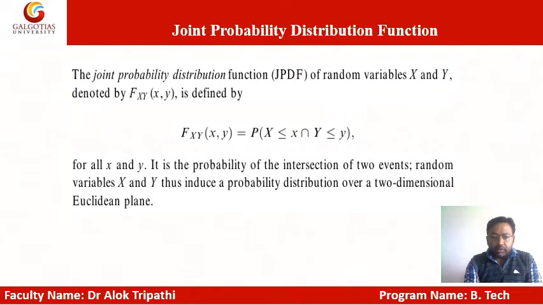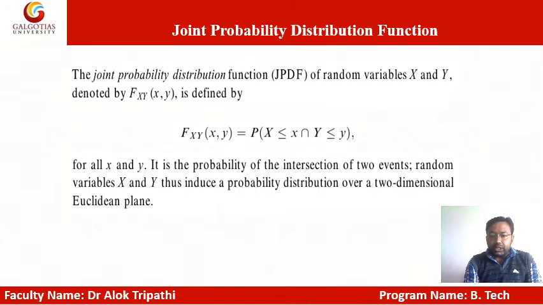If you can recall, for the probability distribution function of a single-dimension random variable capital X, we defined capital F_X(x) equal to the probability that capital X is less than or equal to x.